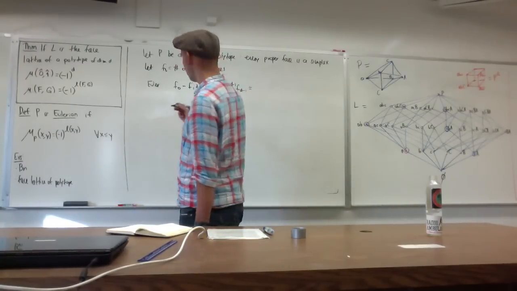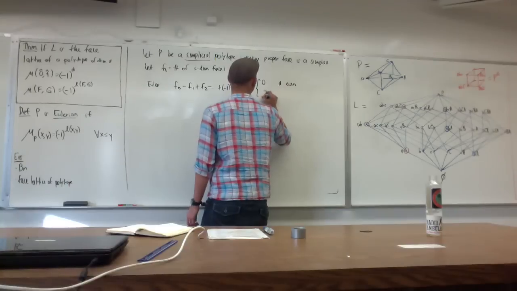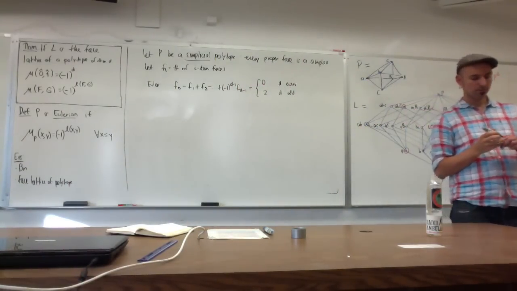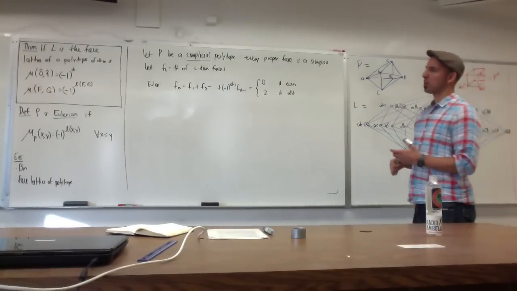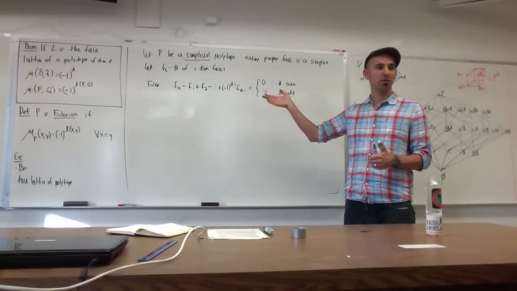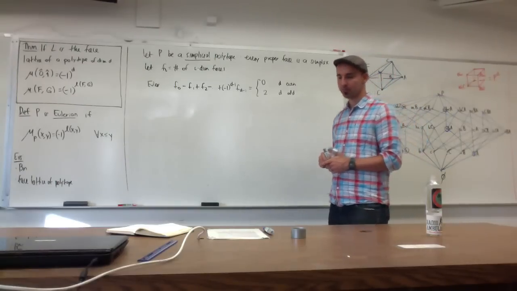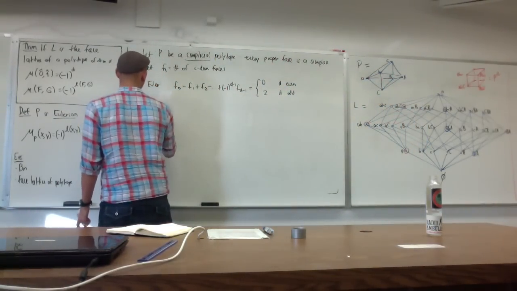This is equal to 0 if d is even, 2 if d is odd. Okay. But we might say, are there other equations other than Euler's equation satisfied by these numbers? And it turns out that there are. So there are several other relations.